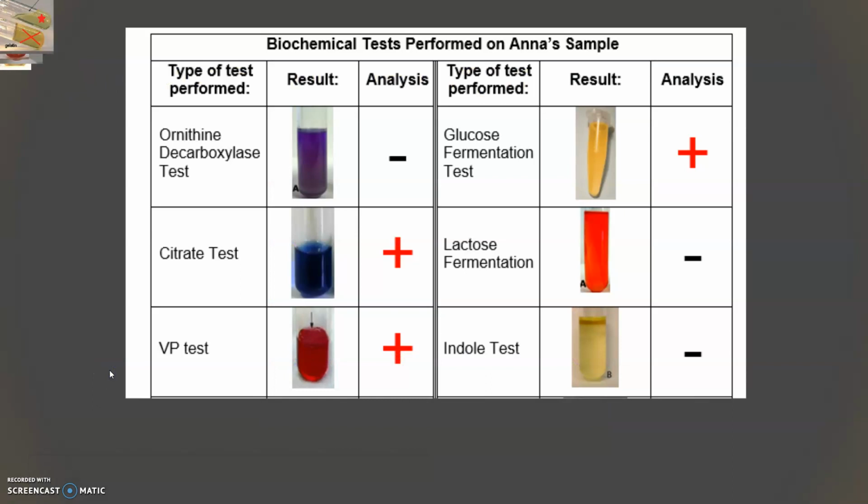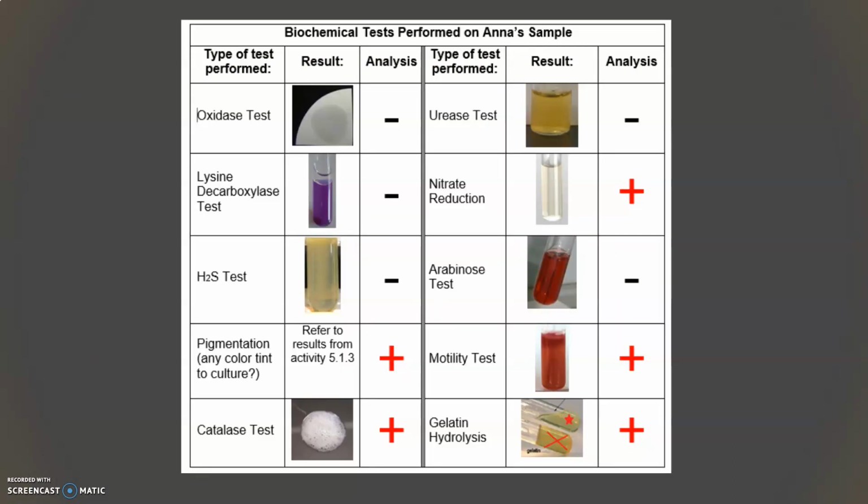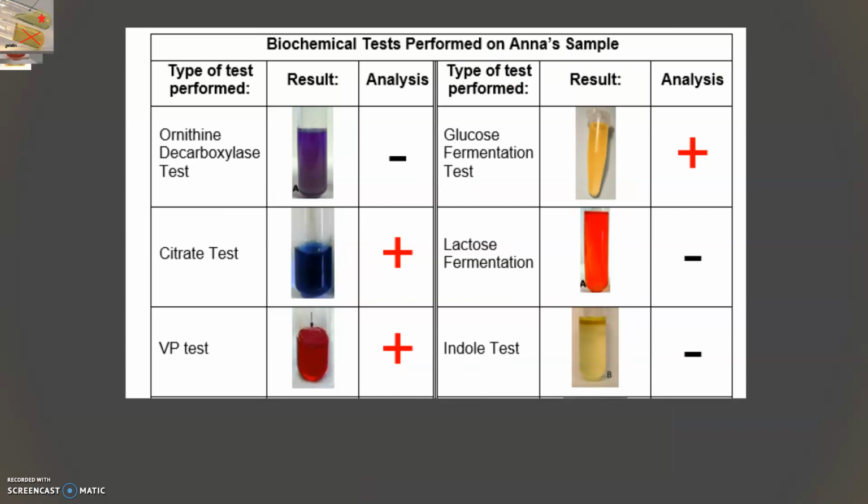These are the tests that were run on Anna's sample. You can see lots of tests done here. Just a couple of them, just kind of running through these. I'm not going to require you to know what each one is. Some of these you might know. If you've ever had a urinary tract infection, these are some of the tests that actually run on you. A couple of these again: glucose fermentation tests, just checking to see if there's any glucose, lactose fermentation, indole, VP test, citrate, and ornithine decarboxylase test.